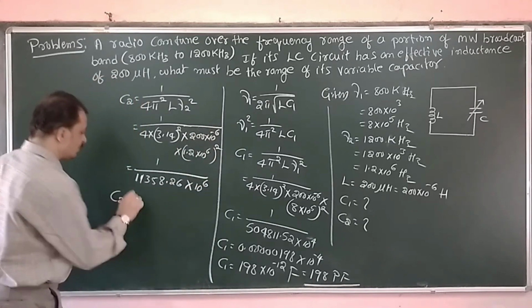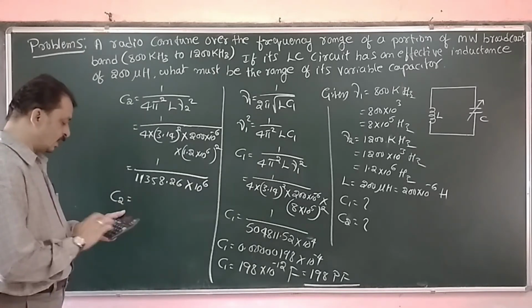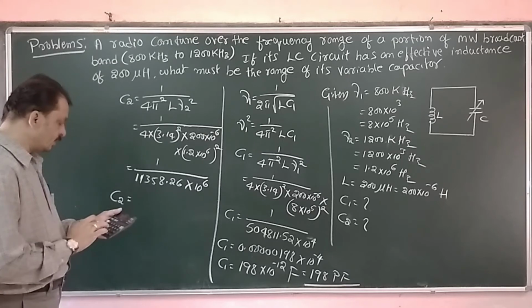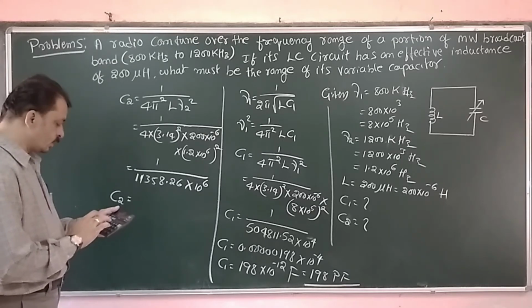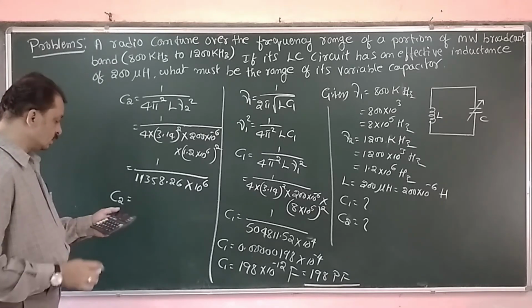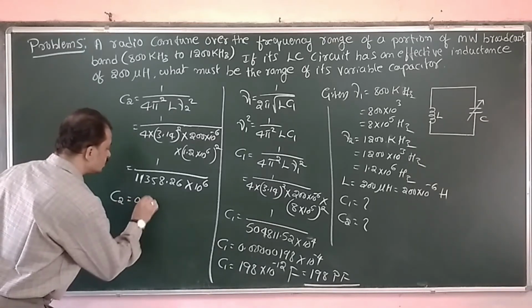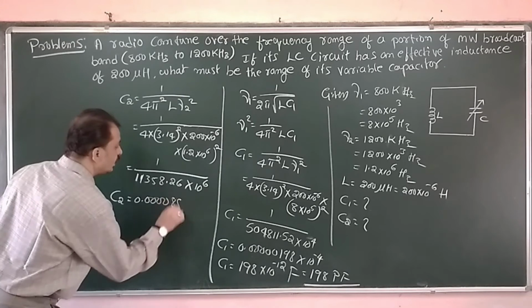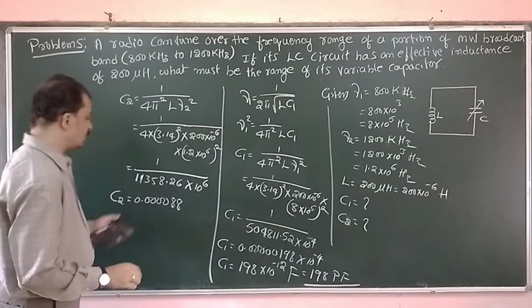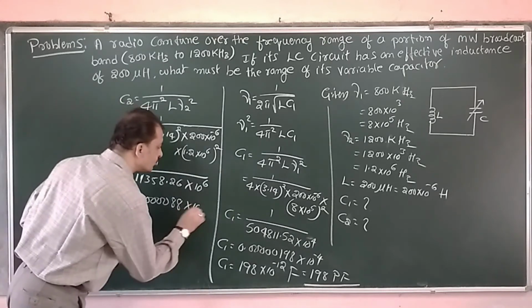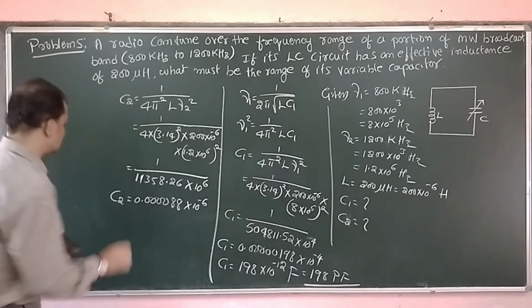If I further simplify this, 1 divided by 11,358.26 is equal to 0.00088, into 10 to the power of plus 6 goes to the numerator, therefore it is 10 to the power of minus 6.